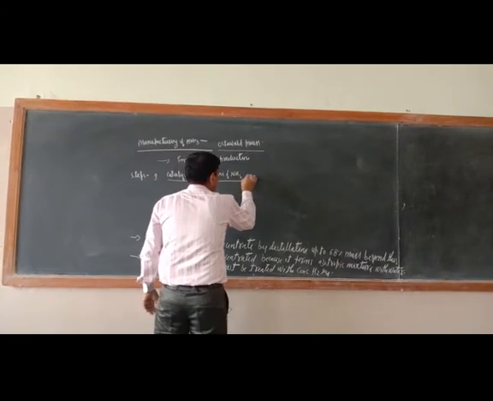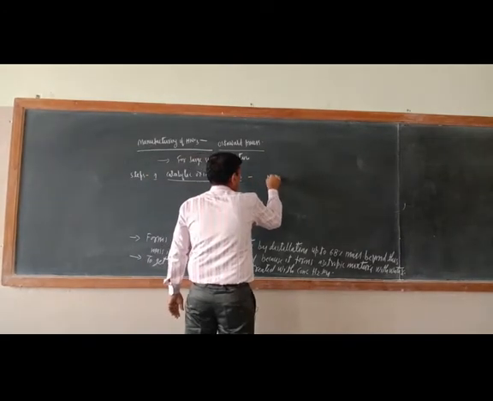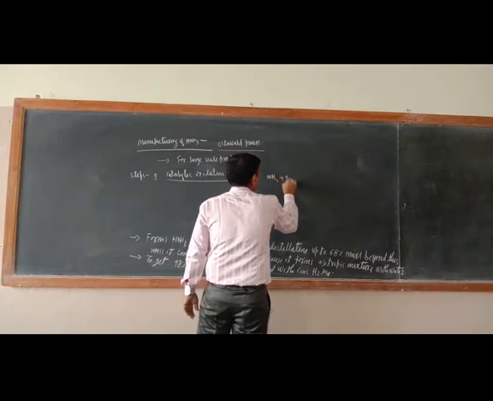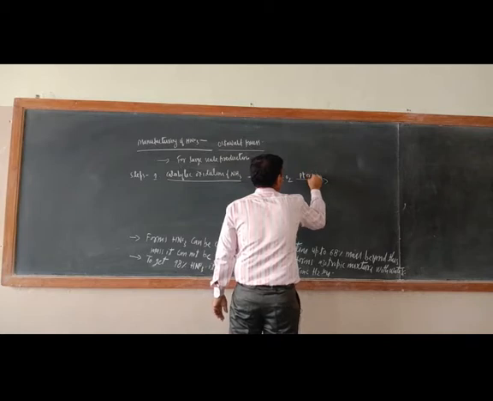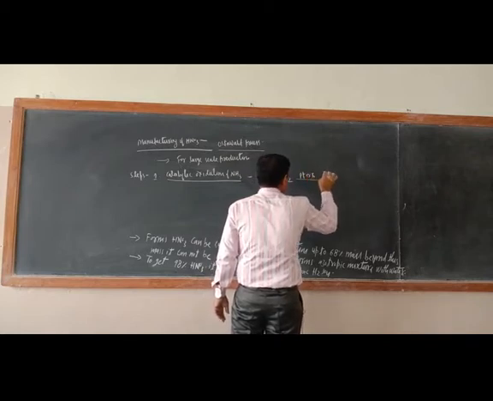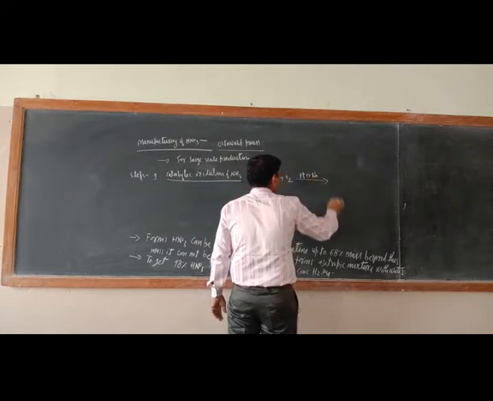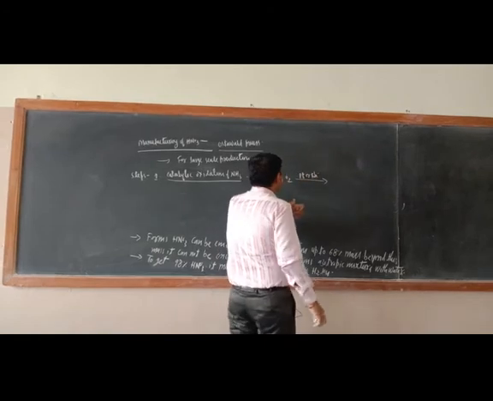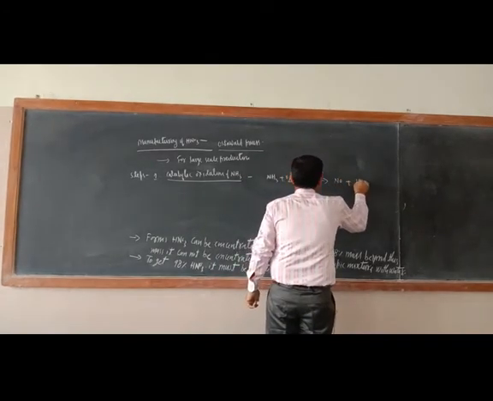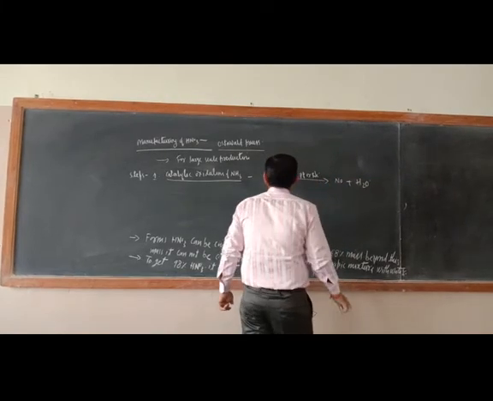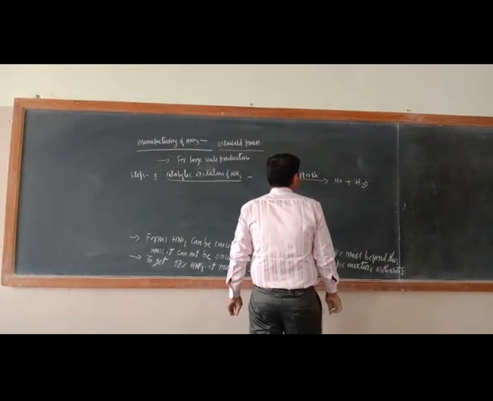In this step, ammonia is oxidized in the presence of platinum or rhodium, that is Rh. Then you will get NO plus H2O.